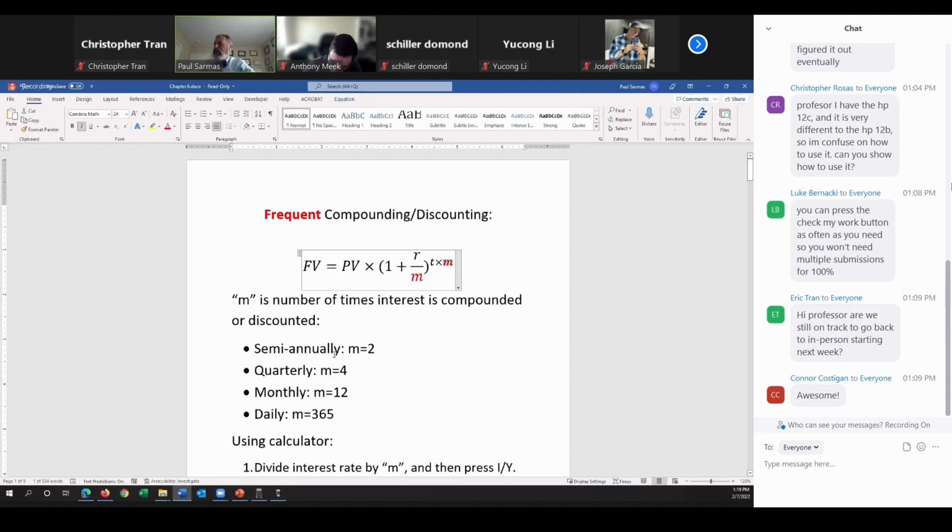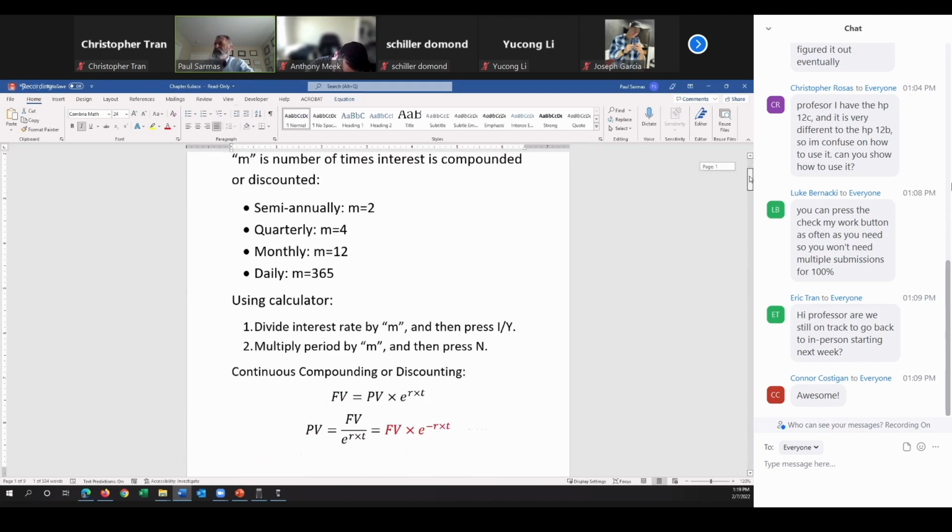Remember, M is 2 for semi-annual, 4 for quarterly, 12 for monthly. I don't have weekly here, but it is 52, and 365 for daily. But if it's more frequent than that, hourly or per second, if it's continuous, then you see the word here, continuous compounding. Continuous compounding means at a fraction of a second.